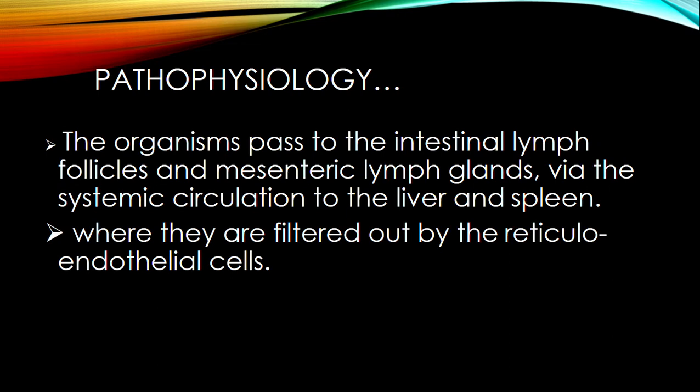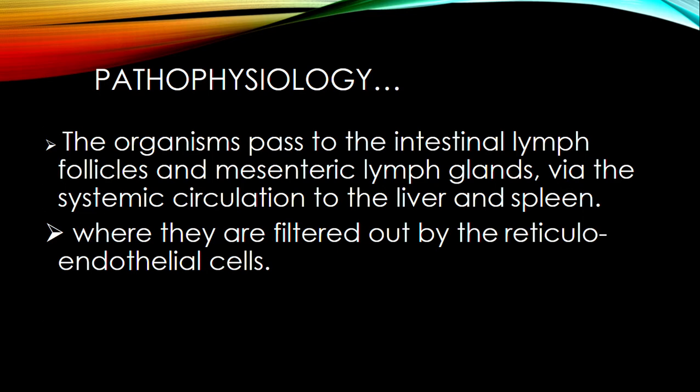So the organisms pass through the intestinal lymph follicles and the mesenteric lymph glands via the systemic circulation to the liver and the spleen. So from the small intestines, the Salmonella typhi passes through the mesenteric region and the follicles by the bloodstream and goes to other organs such as the liver and the spleen.